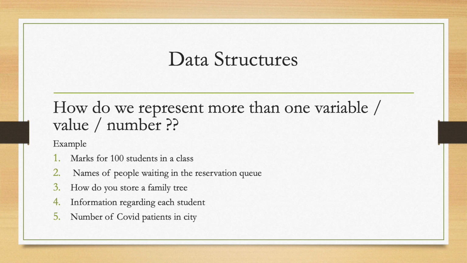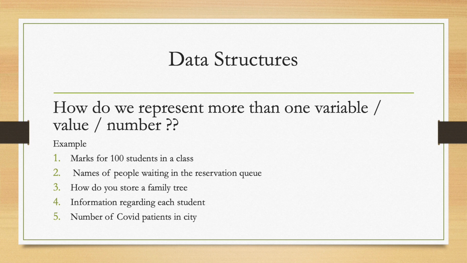Moving on to the important topic for today: what are these data structures? When we have more than one variable or value or number, which is most often the case, that is how real life is. We never state a number without an association with something.